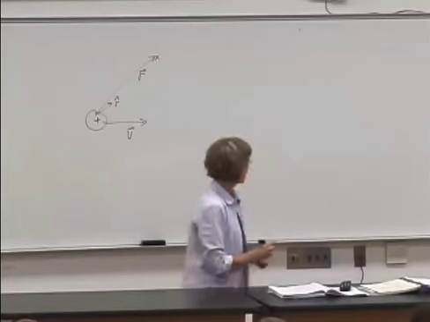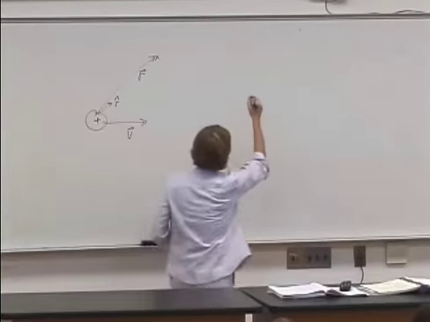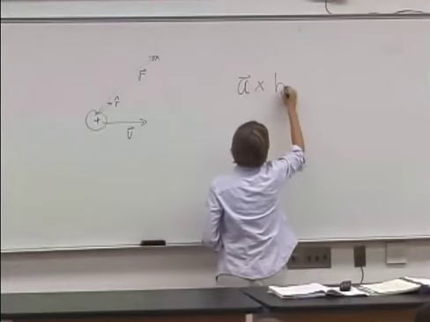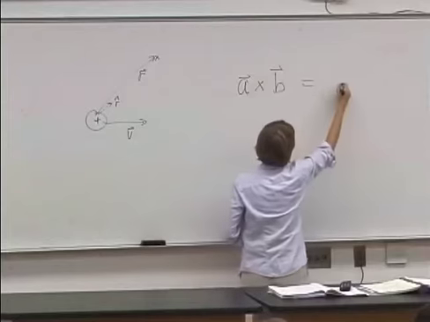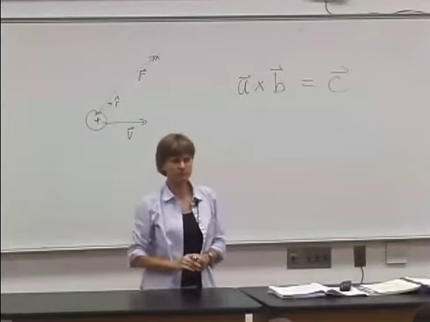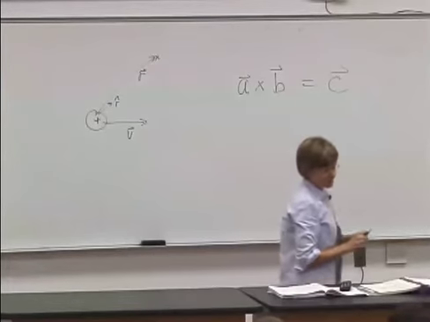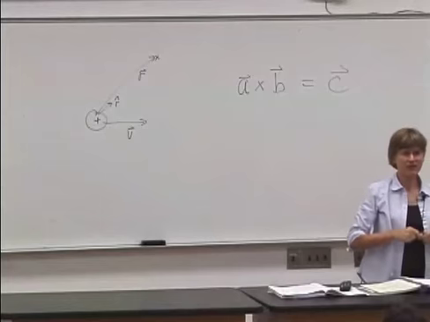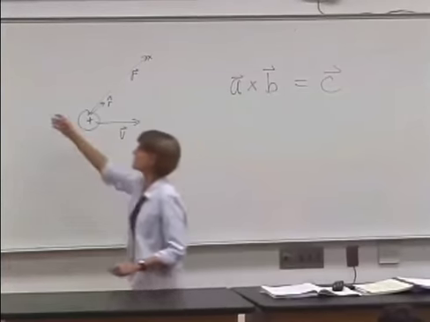That's a scalar. A vector cross product gives a vector. So if we have two vectors, A cross B, the result is another vector, C. And that vector C is actually in a plane that's perpendicular to A and B.